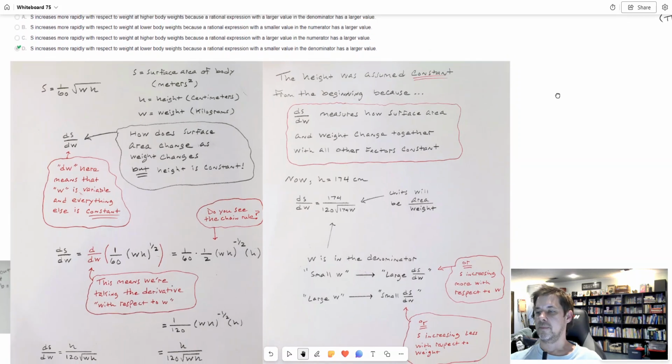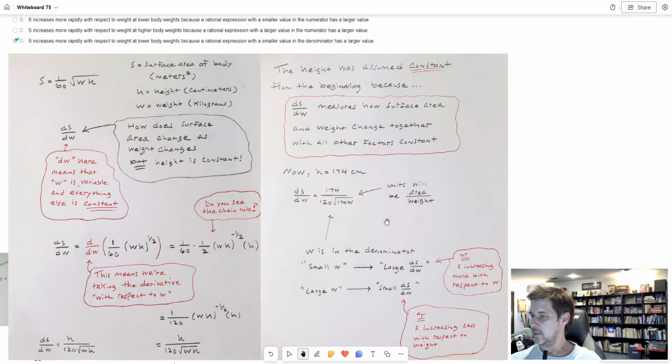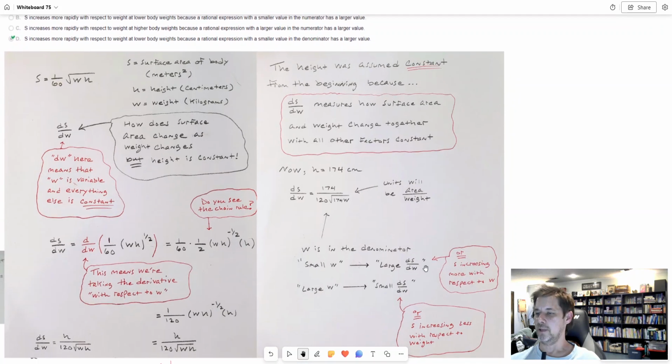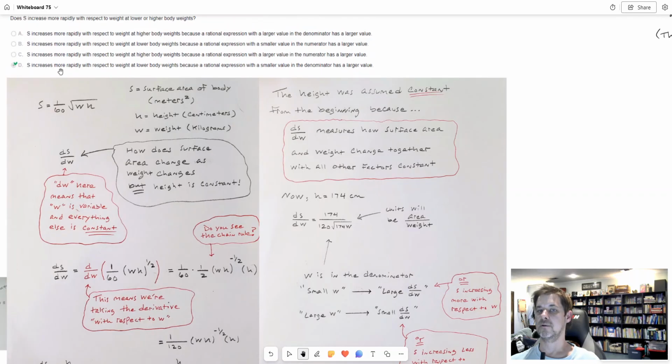That's my thinking of it, and it all comes from the bare arithmetic that when I divide by small numbers, I get a big answer, but when I divide by big numbers, I get a small answer. Of these statements, I have to pick the one that matches my thinking, and it's the last one: S increases more rapidly with respect to weight at lower body weights.